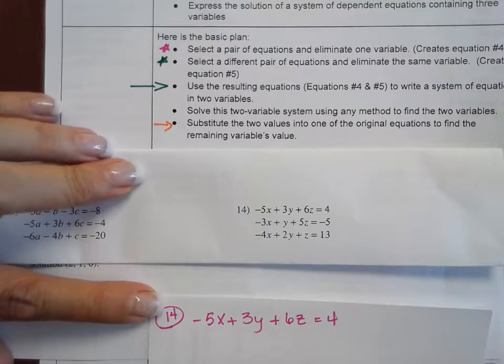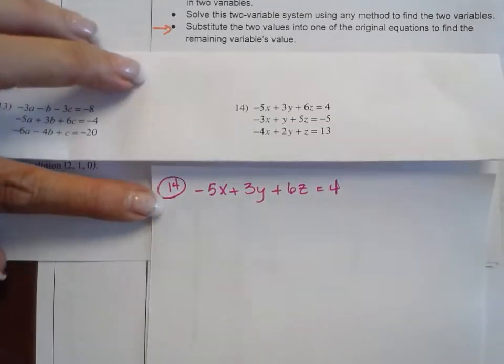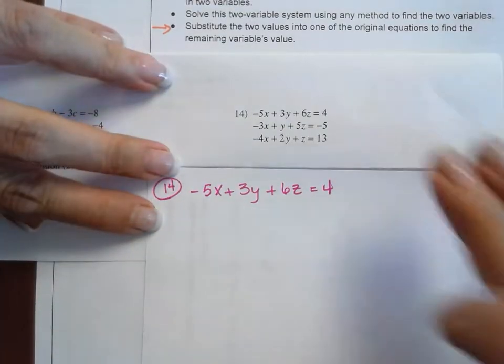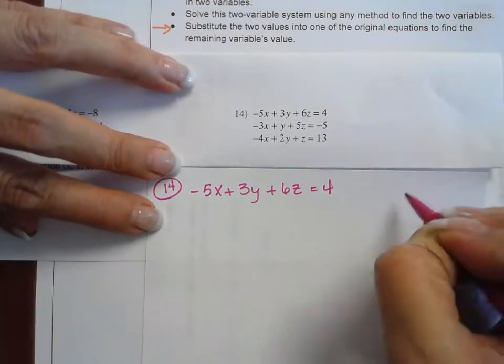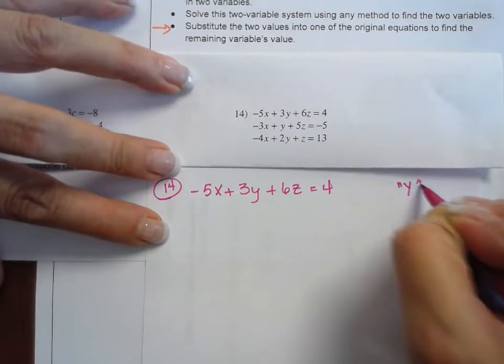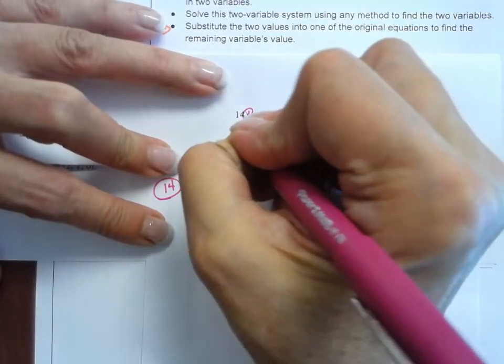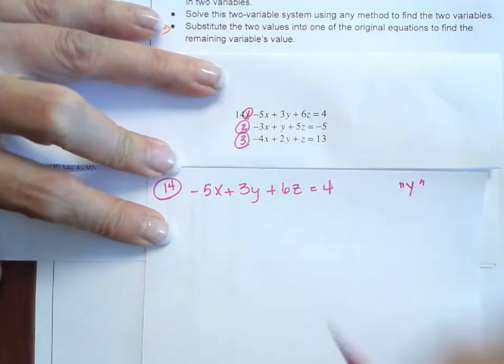The first step is to select a pair to eliminate a variable. What variable do you want to eliminate? Y. Okay, so the first time we're shooting for y. What 2 equations do you want? This is going to be 1, that one's 2, and that one's 3.